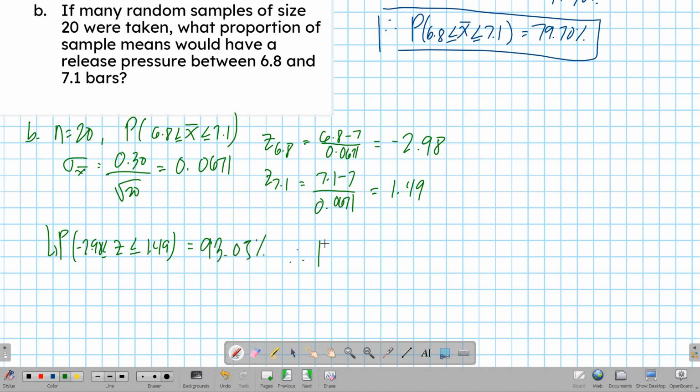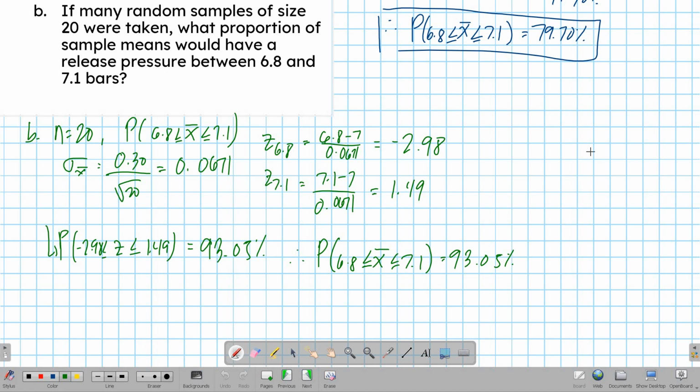So if your sample size is 20, the probability that the means of those random samples is between 6.8 and 7.1 is higher, 93.05%, than with your sample size of 8. And that is the sampling distribution of the mean.